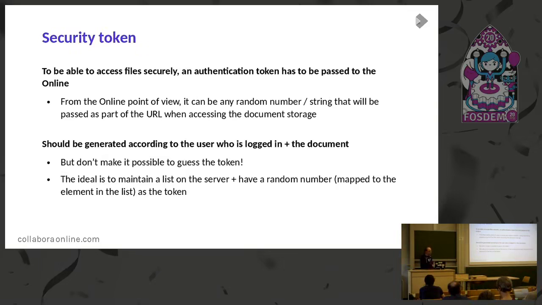But naturally, we don't want to ask for the user credentials every time. So this is why we have this security token, which is generated from the user authentication data and from the file data. It's recommended to create it in such a way that it shouldn't be possible to guess user or document related information from it.